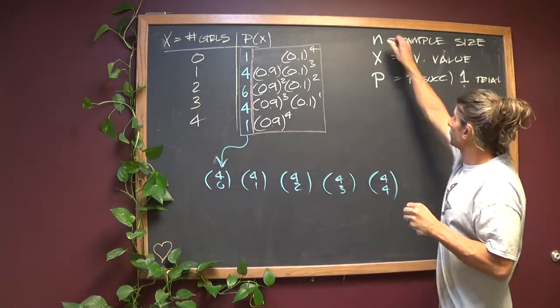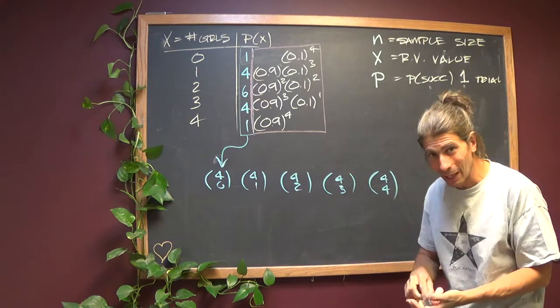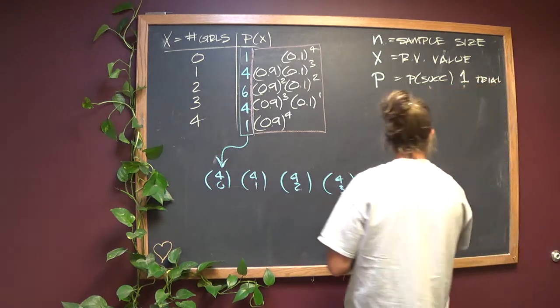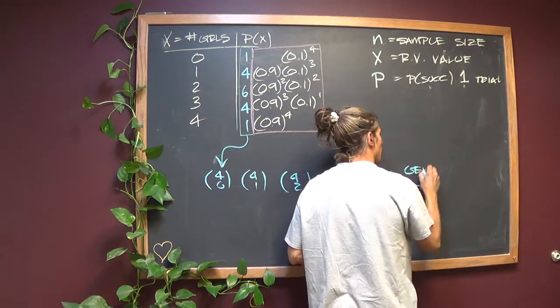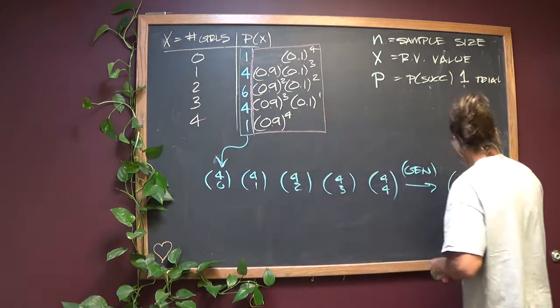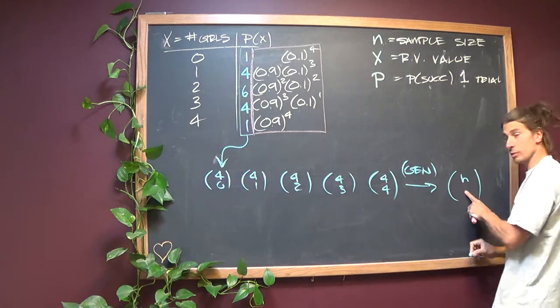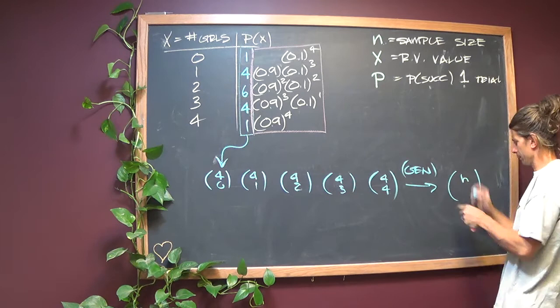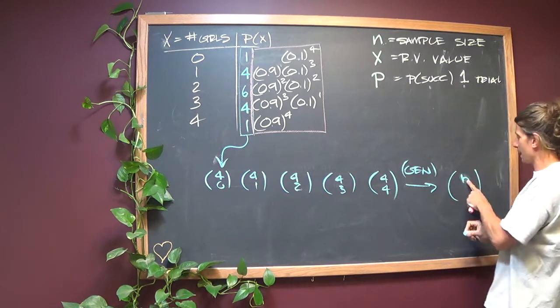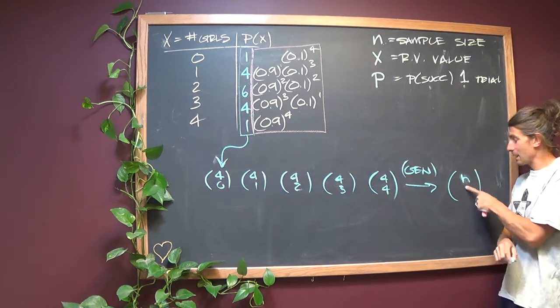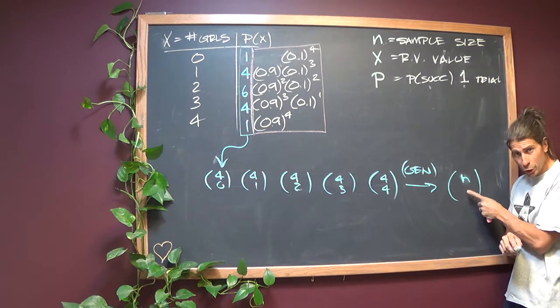Well, that's n. So if you wanted to generalize what you were seeing here, you're seeing n choose something underneath. N choose something. Now what are you choosing?